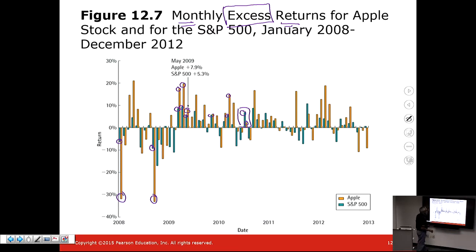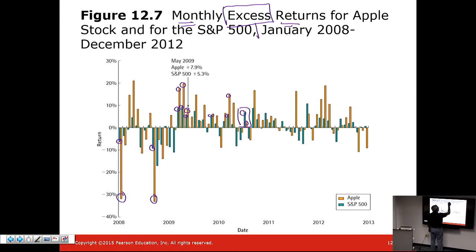So that means we can say that Apple is more sensitive to changes in the market. It is certainly correlated to the market, but it is also sensitive to the way it changes when the overall market changes.